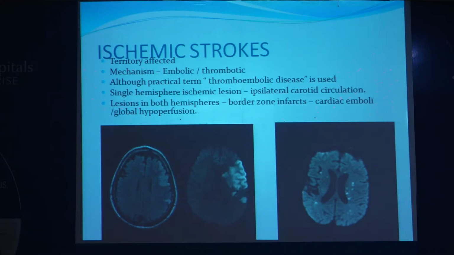In this image on the left, you can see a single hemispheric ischemic lesion. The origin could be the ipsilateral carotid artery circulation. And if we see multiple infarcts like this, usually these are border zone infarcts that could be caused by a cardiac embolus or global hypoperfusion.